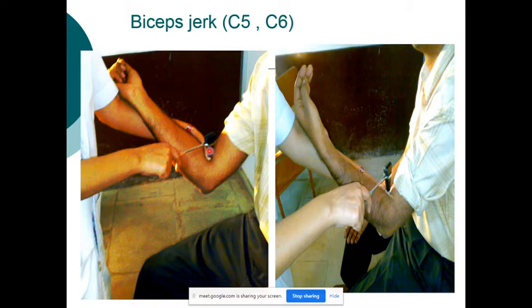You just lift the hammer and tap on your thumb. Don't tap the biceps tendon directly. I repeat, on the biceps tendon you place your thumb, and with the knee hammer you hit your thumb.